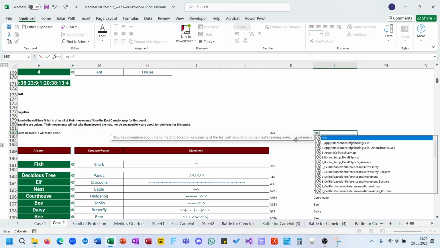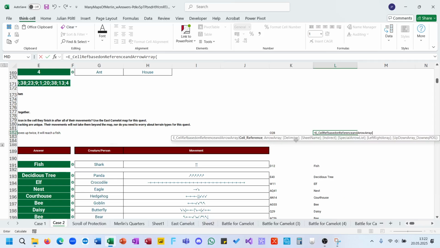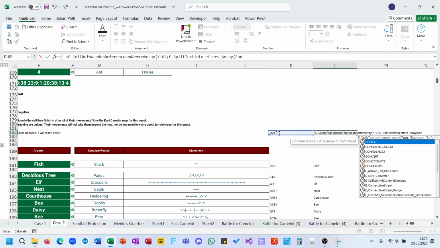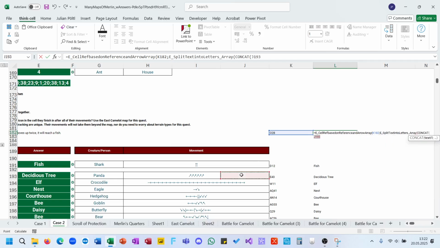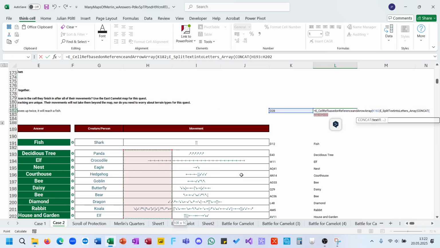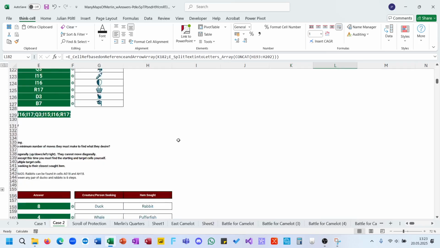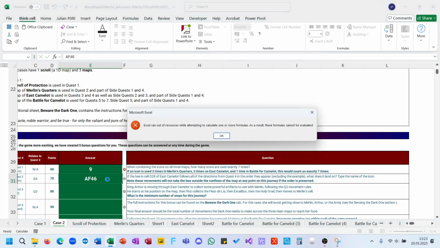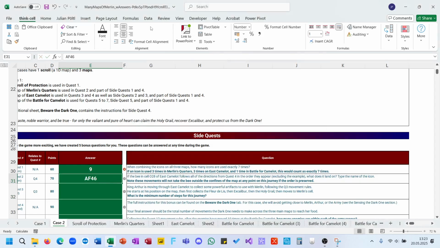So ref of this and split of concat of this. AF46. Calculate this.